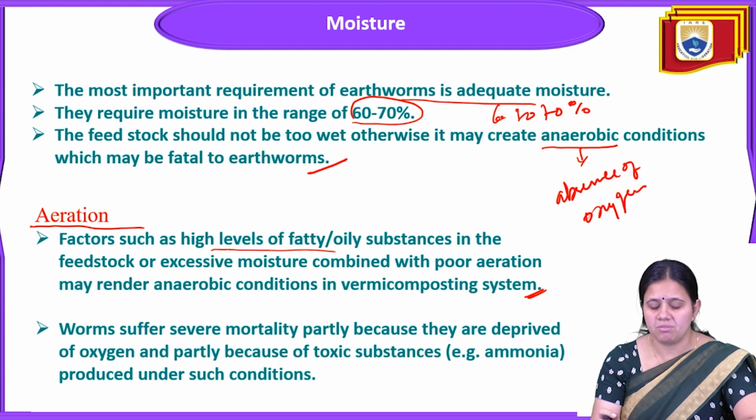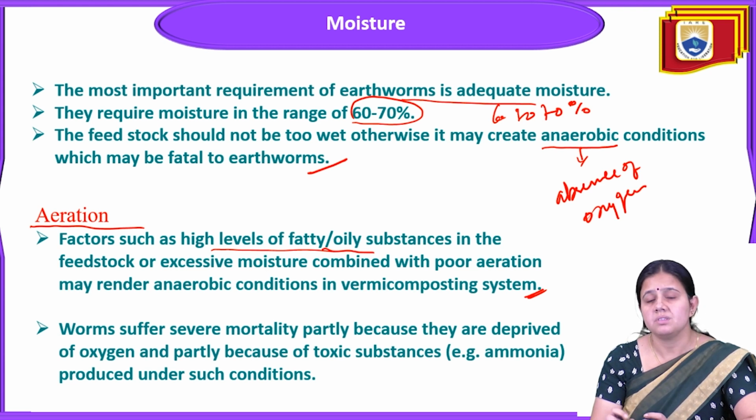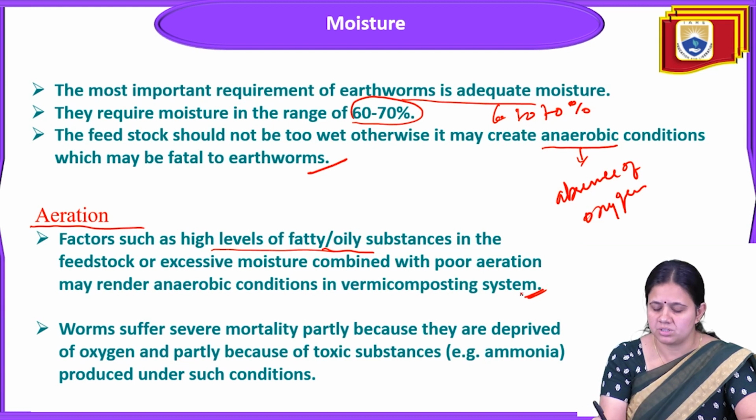If fatty acids and oily substances are present in the feedstock along with excessive moisture, this moisture combined with poor aeration may render an anaerobic condition in the vermicomposting system.